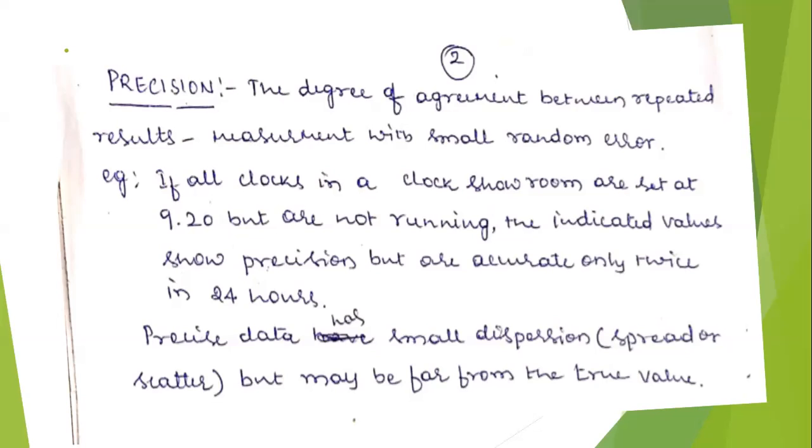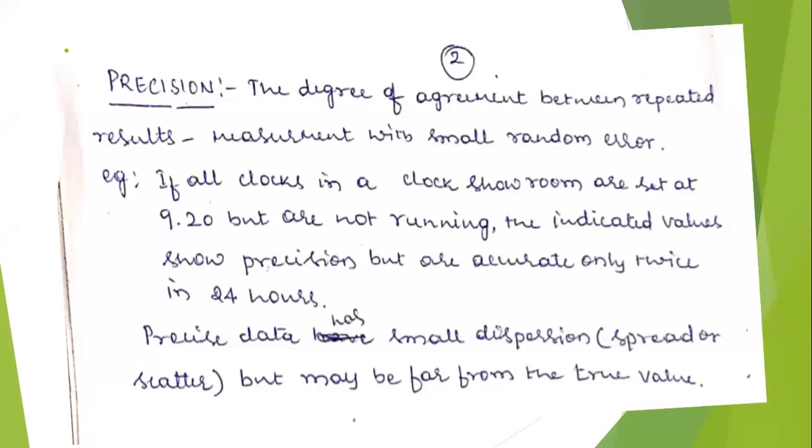If you observe the time 9:20, it is precise twice in the day: morning 9:20 a.m. and next 9:20 p.m. in the night. So the result is precise, whether observed in the morning or in the night. That is the precise data, at 9:20 a.m. and 9:20 p.m.